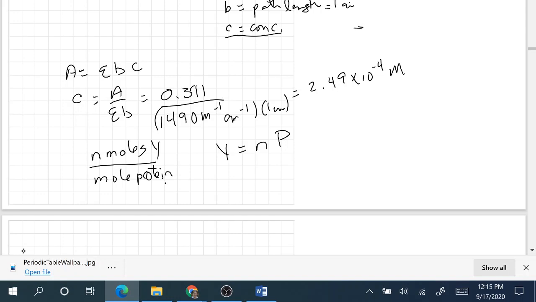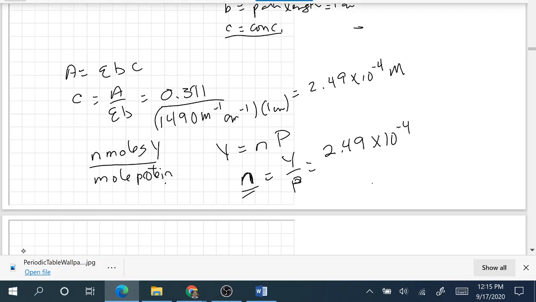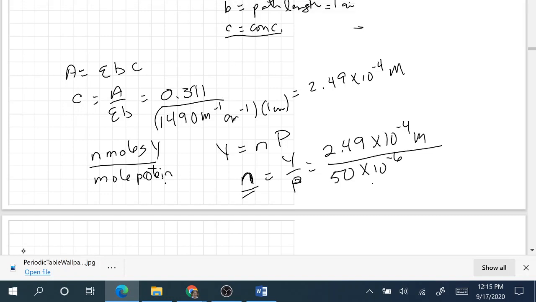So N is equal to Y over P, the concentration of tyrosine over the concentration of the protein. And that's going to give us the number of tyrosines per protein, which is equal to 2.49 times 10 to the -4, which we calculated previously, divided by 50 times 10 to the -6, which was given. That's our concentration of the protein, which is equal to about 4.98, which is approximately equal to 5. So we have 5 tyrosines per protein molecule.